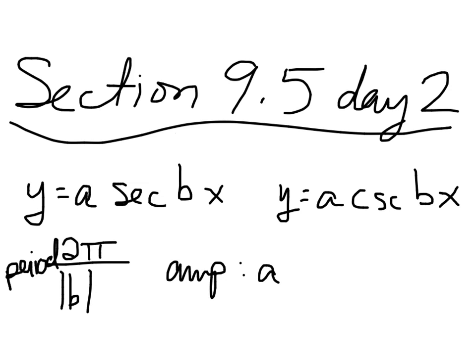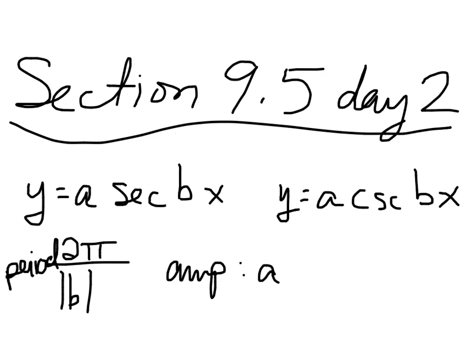Those are the answers we're actually looking for. If it helps you, draw the sine and cosine curves in. If it doesn't, you don't have to, because realistically, when you're drawing the cosecant and secant curves, those sine and cosine ones are not there. But I'm going to draw them as an aid for you.